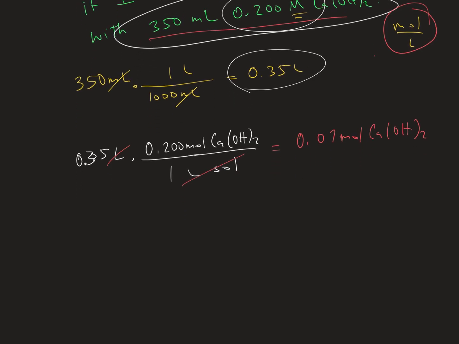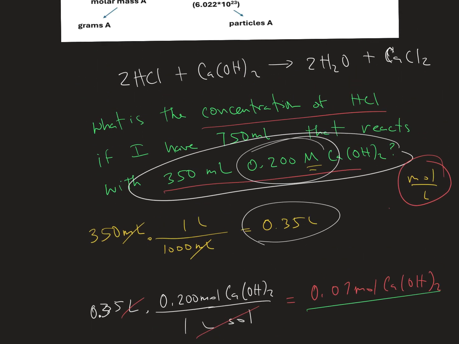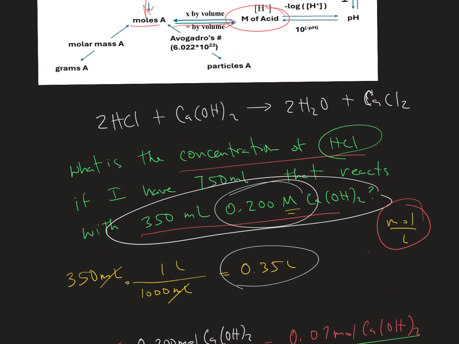So I'm going to start with what I have at the end, 0.07 moles of calcium hydroxide. And now that I have moles, I want to get to a different substance. You get the moles, then you use the mole-to-mole ratio. What's the mole-to-mole ratio? 2 to 1.